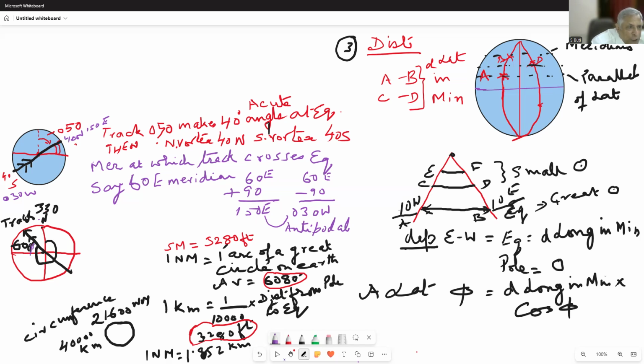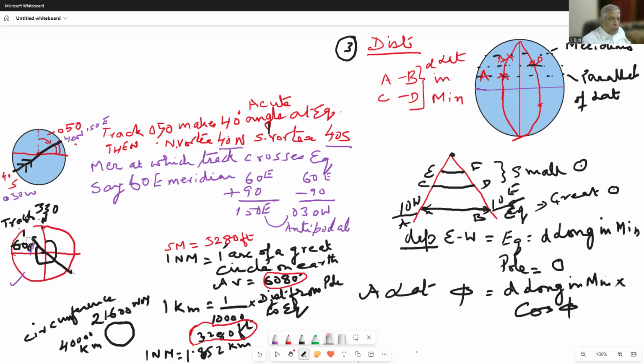Your north vortex latitude will be this angle. In this case, 40 degrees north. And south vortex will be 40 degrees south. Here, 60 north and 60 south in this example. Okay.